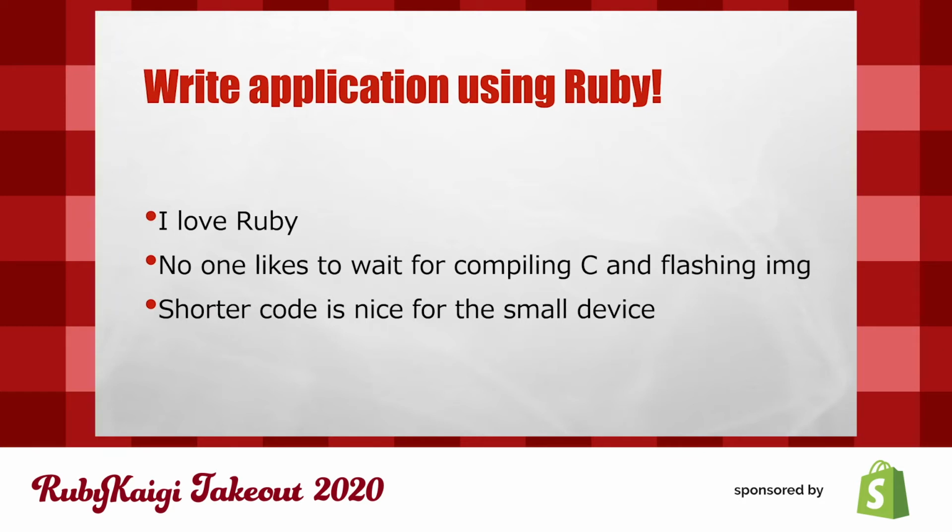In the final step, we write applications using Ruby. So why do I use Ruby? I love Ruby. Also, no one likes to wait for compiling C source code and flashing images to the device. It takes time. Also, Ruby code is shorter. Shorter code is nice for small devices.